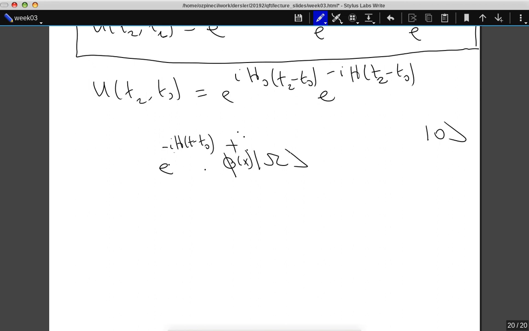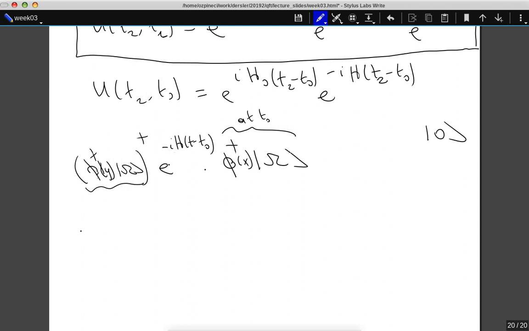This is at the time t0. That is my initial state. I let it evolve and then ask the question, what is the amplitude that I will be able to observe it at the point y? So this is a particle at the position y at a later time.